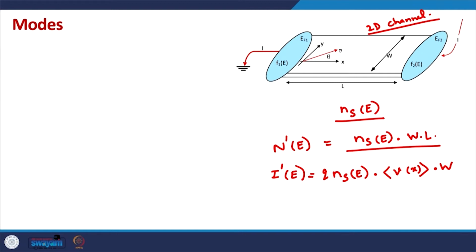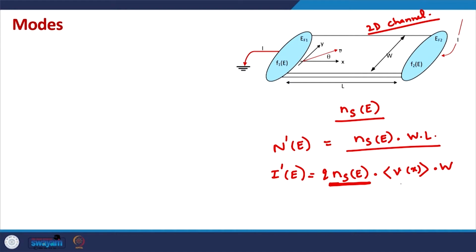Okay. So, this will be the steady state current in the device if the steady state charge density of the device is NSE. This expression is quite obvious because Ns times NSE tells us the number of electrons that exist in steady state.